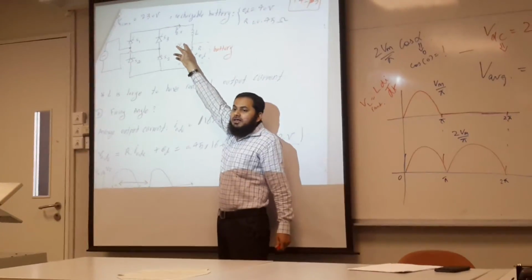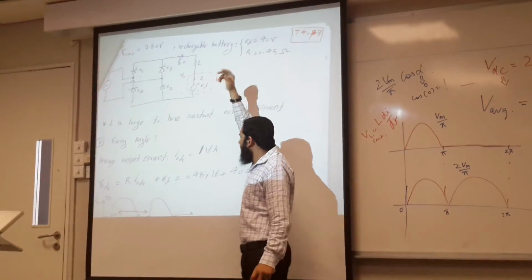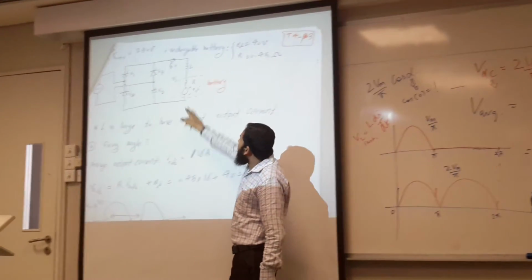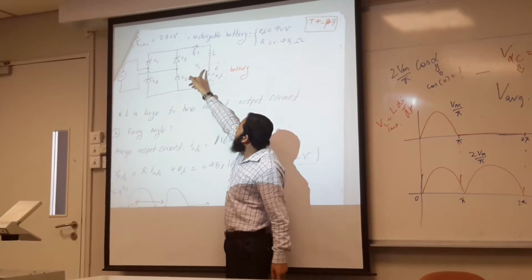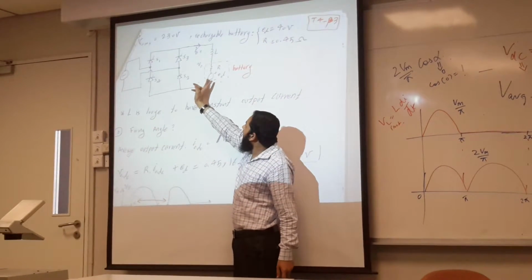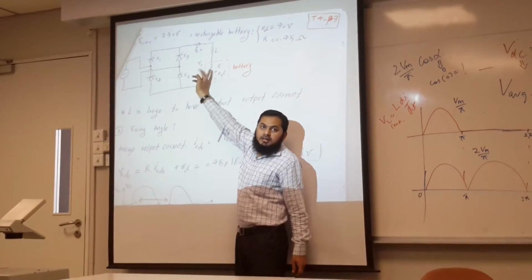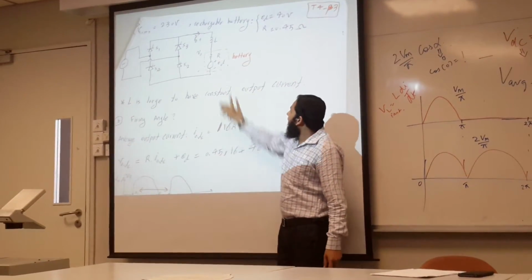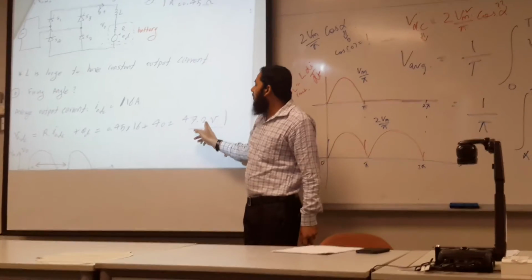So we have to take 40 volt plus whatever the drop is here. You know the current. How much is the current given in the question? 16 ampere is flowing through this. 16 into R was the drop here, plus this voltage. So 16 into 0.45 plus 40 volt becomes 47.2 volt.